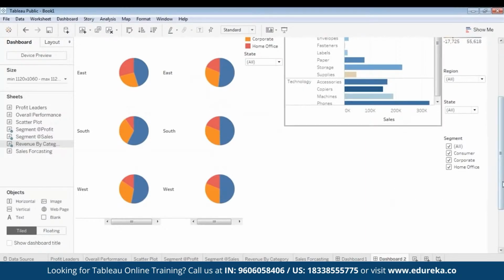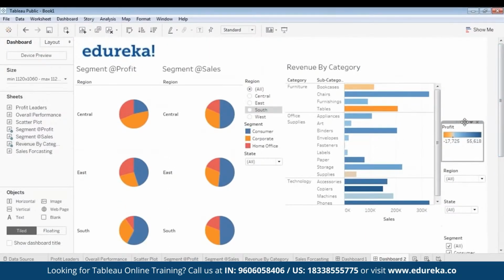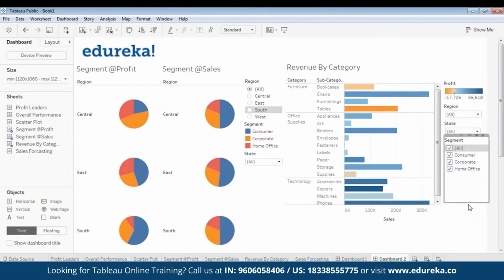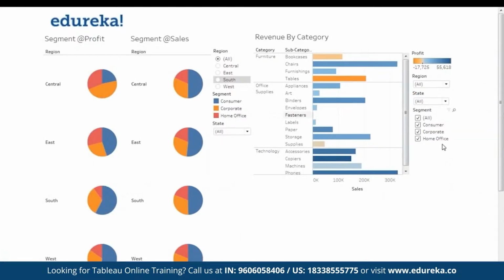I will make enough space so that I can show my forecasting at the bottom. Let's go back and see. So this is the kind of dashboard right now it looks like.